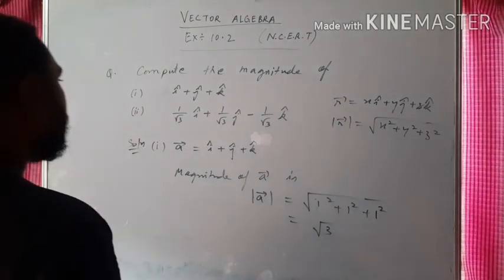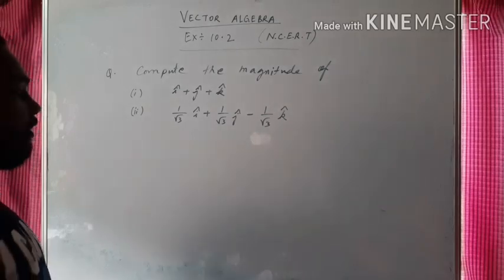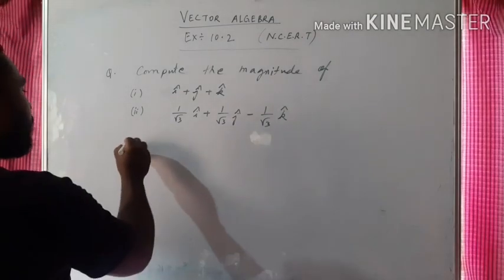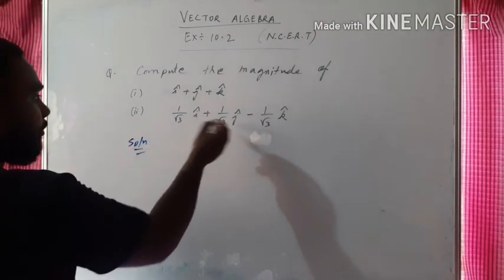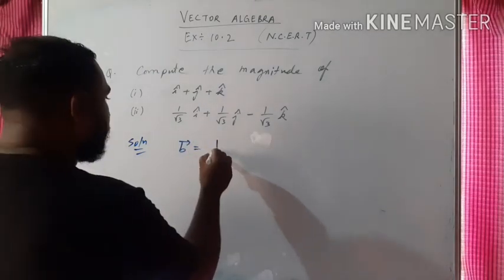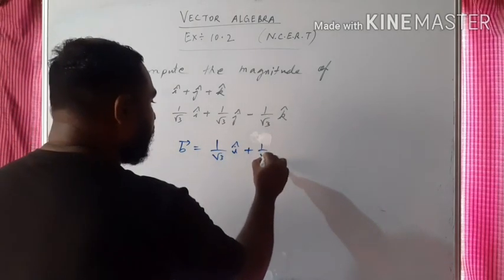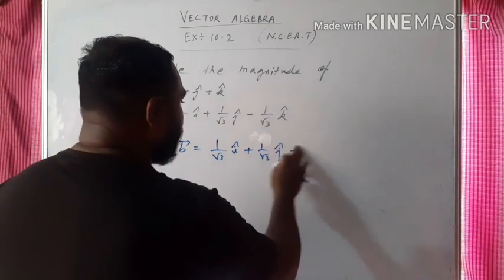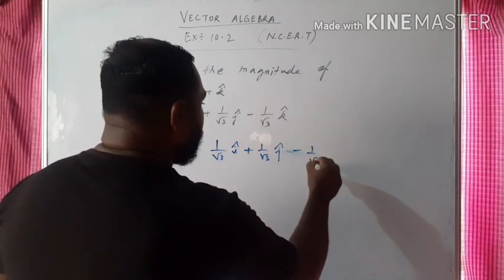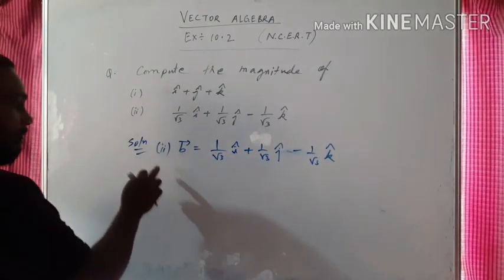So similarly we can do the second one, that is, let me consider it b vector. So b vector is 1 by root 3 i plus 1 by root 3 j minus 1 by root 3 k. So I am doing the second question.